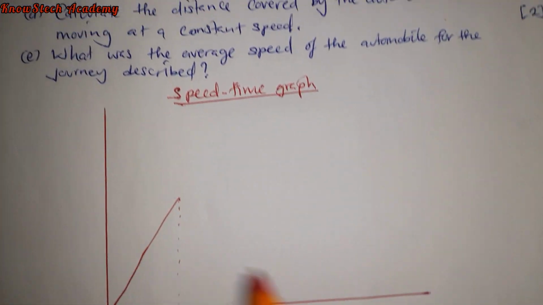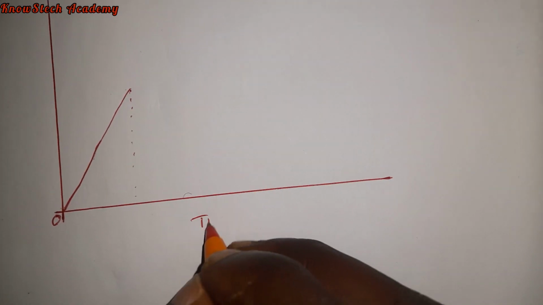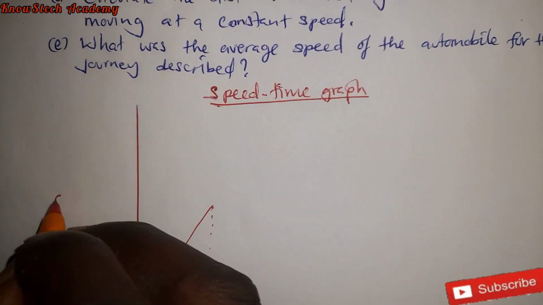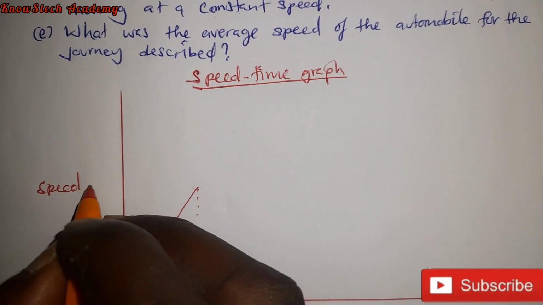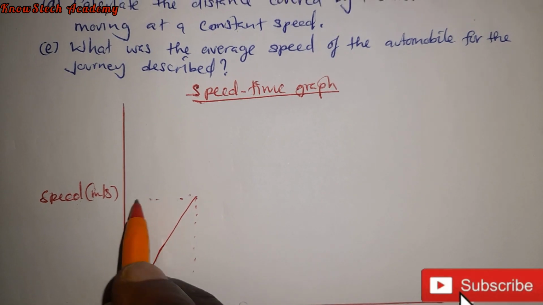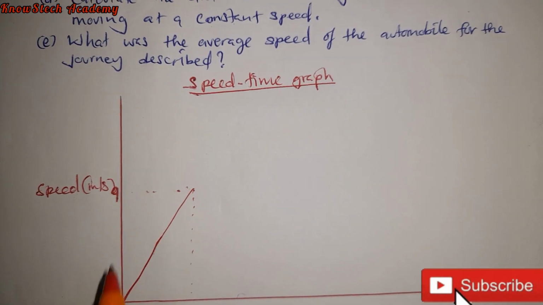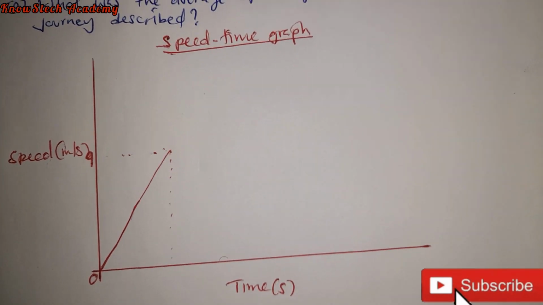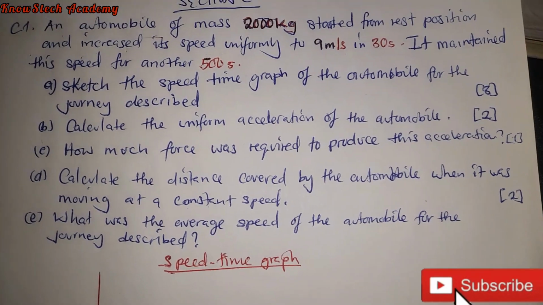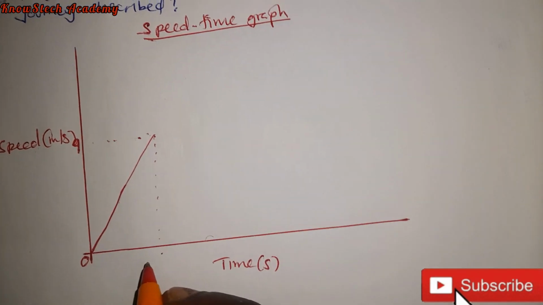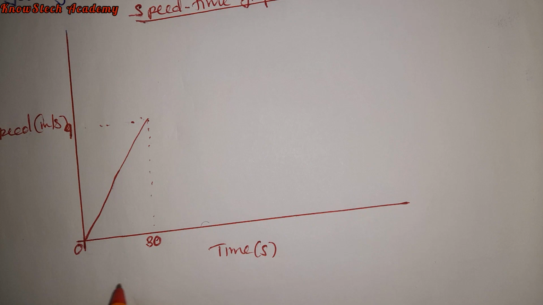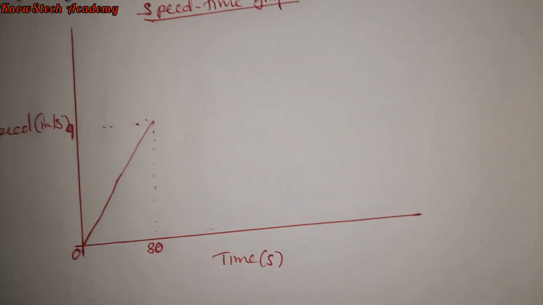By the way, this is time in seconds and this is speed in meters per second. So let's say this height is 9. Then for 30 seconds, write 30 here.